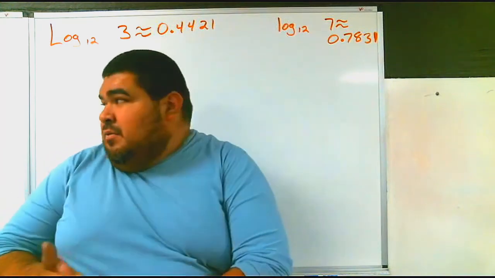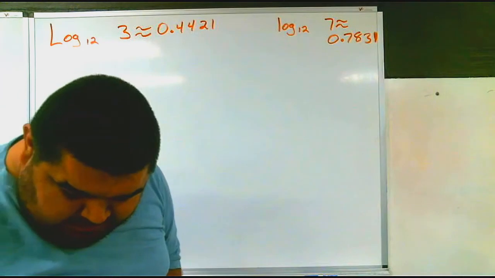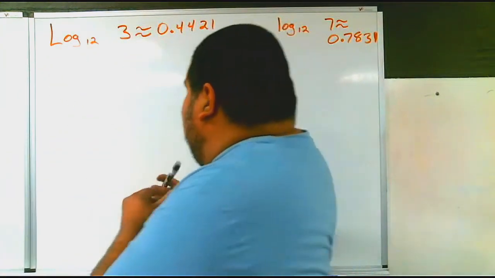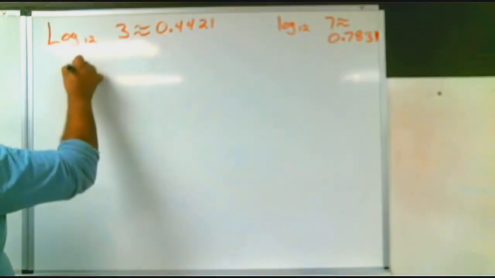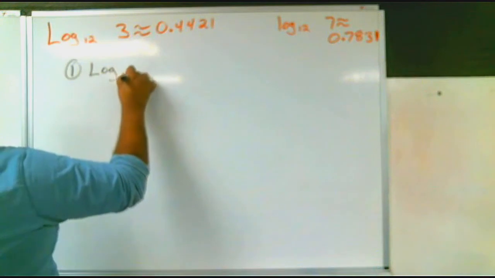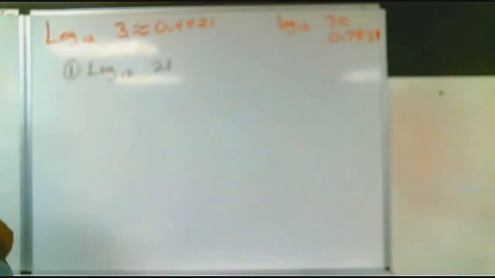I'm going to give you 4 examples or 4 problems to work out, okay. The problems are, you're going to have log of 12 for the first one. Obviously, log of 12 to 21, okay? That's the very first one.